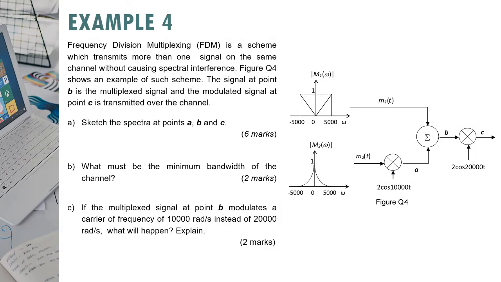Okay, this is the last example for today from past year's exam. Given a system of FDM which transmits more than one signal on the same channel without causing spectral interference.